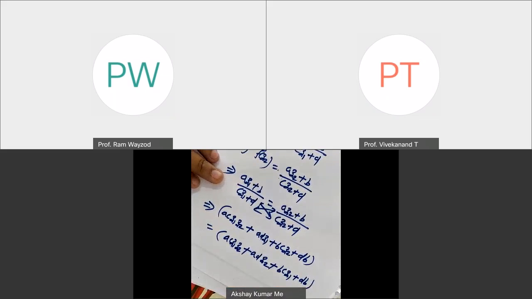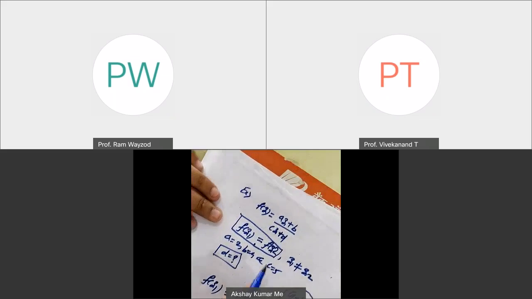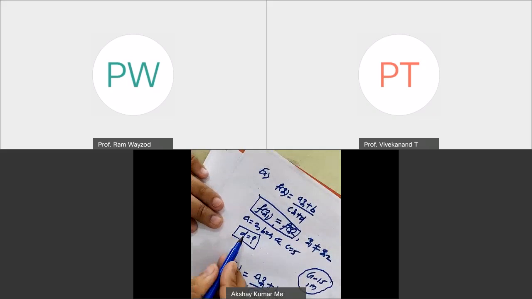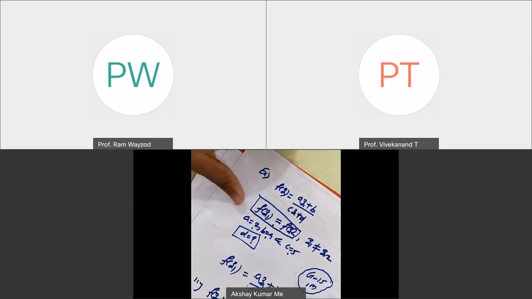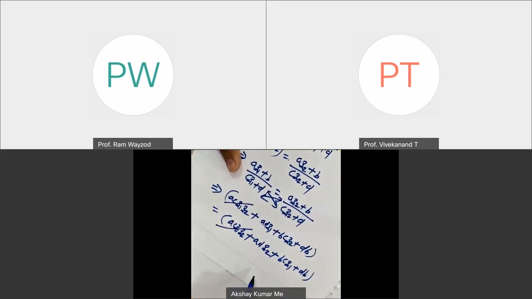Now here we substitute the given values, that is, A is equal to 2, B is equal to 4 and C is equal to 5 in this expression, and this gets cancelled.